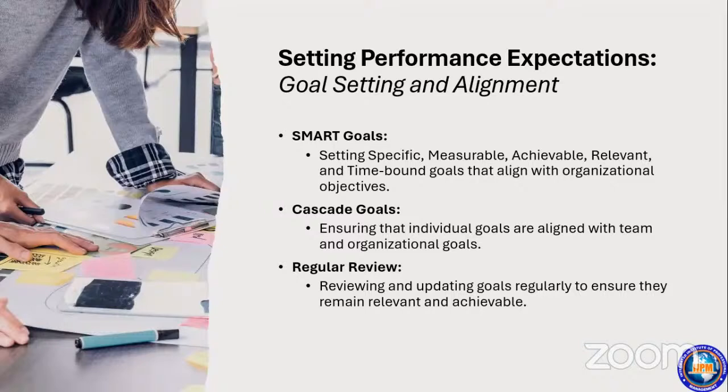Then another one is you have to cascade goals, ensuring that individual goals are aligned with team and organizational goals. Okay, and then review and update regularly to ensure that they remain relevant and achievable.